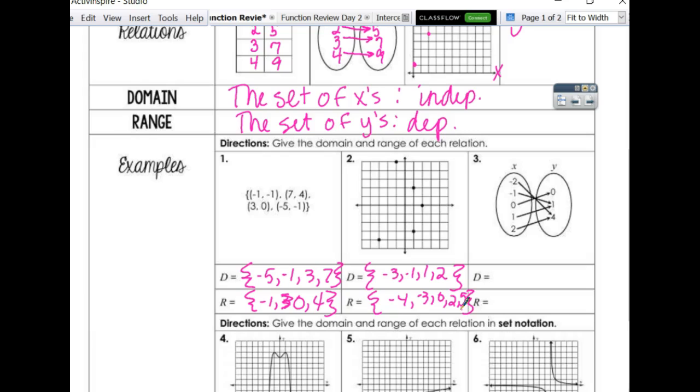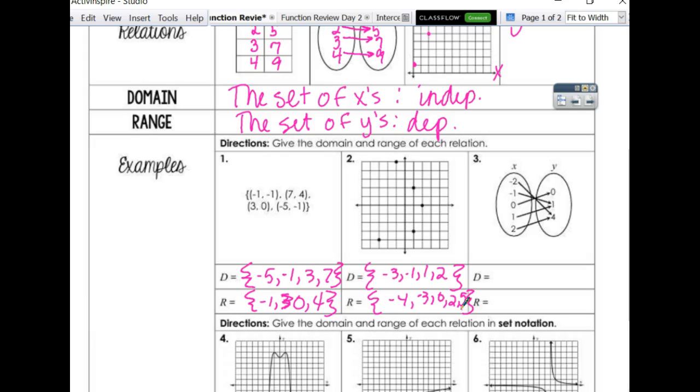How about this one? Is this a function? The third one. Okay, who says? Thumbs up for yes. Thumbs down for no. Some of you changed. Somebody said no. I heard it. Did you say no?